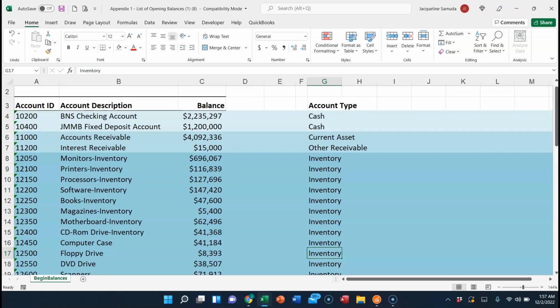Now notice that there's a code 11,000, an ID code for the general ledger account, 11,000 for accounts receivable. And when you are entering the information from Appendix 2, this total was the same total for that Appendix 2 list, which related to the customers and their balances that are owed to you.